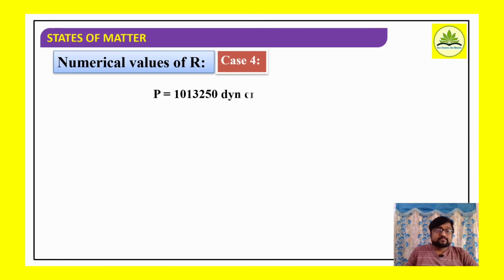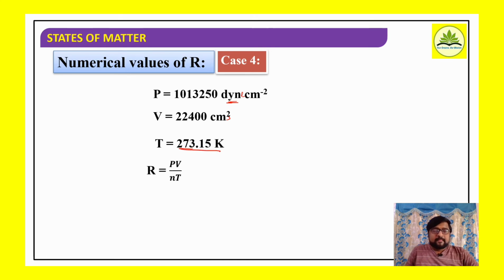Now pressure in the CGS system, in terms of dyne, is 1013250 dyne per centimeter square. Then the corresponding volume is 22,400 centimeter cube, and temperature is 273.15 Kelvin.